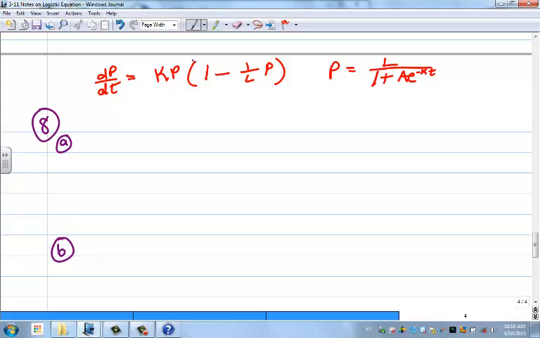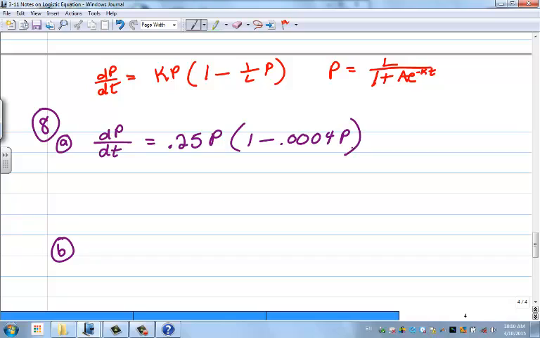All right, so going on, I digressed. Going on to number 8, I can only assume we're given dp/dt is equal to 0.25p times 1 minus 0.0004p.